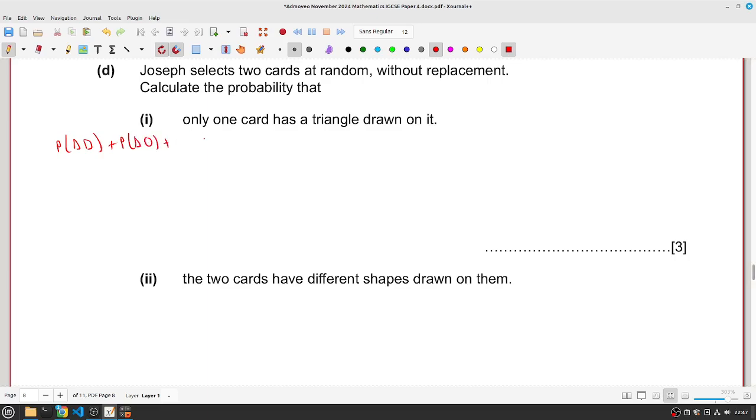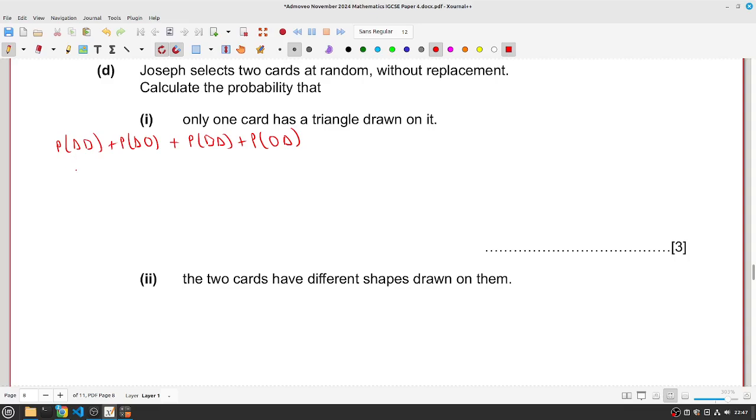Triangle triangle doesn't work. So triangle square, triangle circle, or the other way around, square triangle or circle triangle. So we have to do all of these. But now remember the card is not replaced.